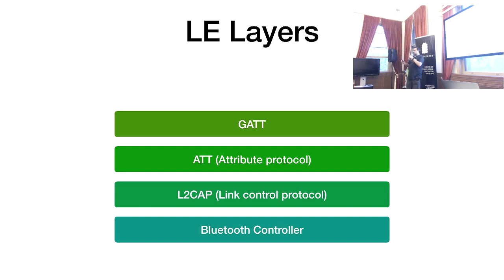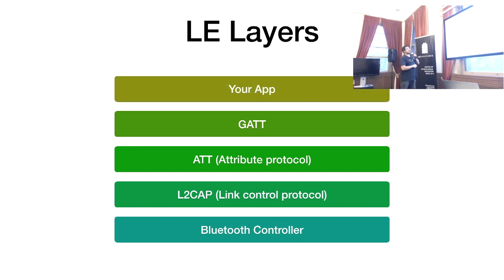This is pretty cool because you have a very well-known set of identifiers. For example, if you want to do an app for a heartbeat monitor, and that heartbeat monitor implements the standard, you can just discover the services and start reading its data. And on top of that, you've got your app.